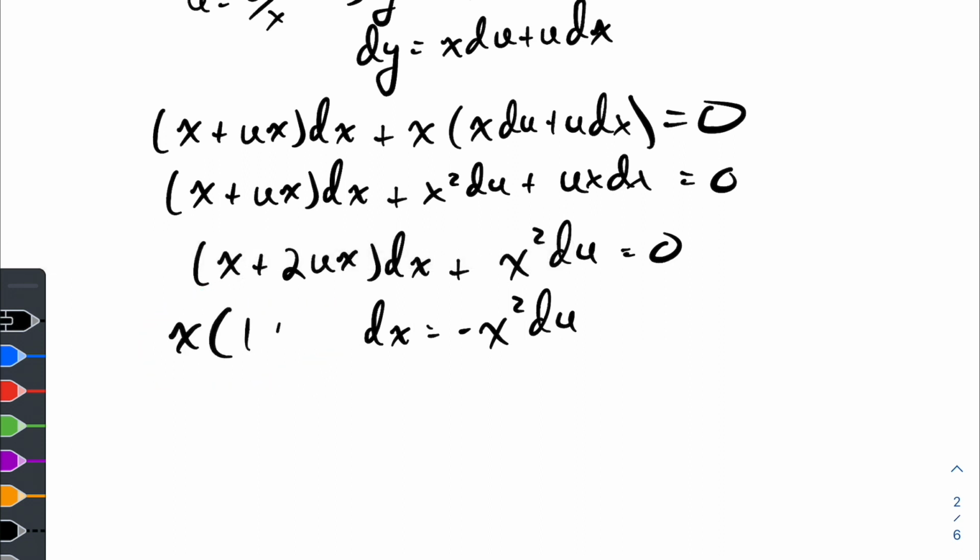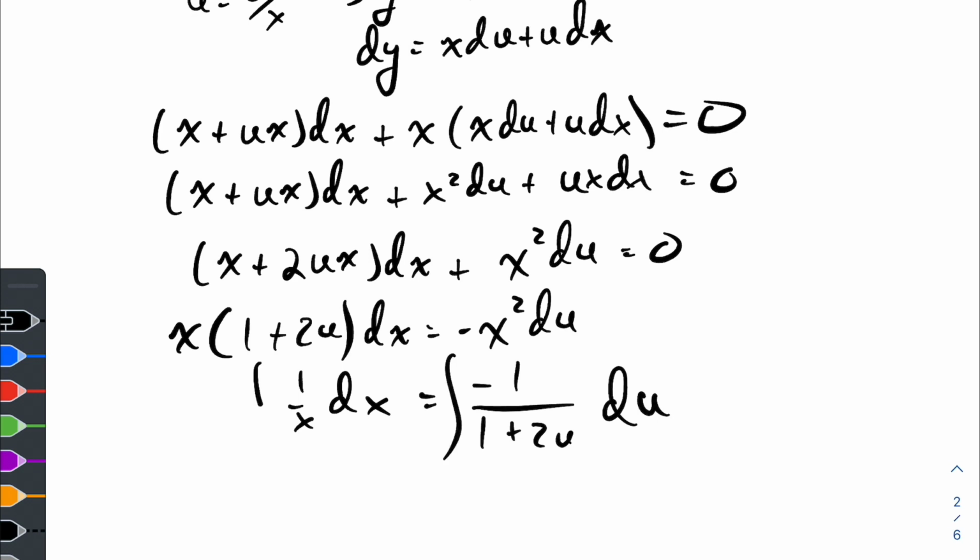I get 1 plus 2u. And now I can just separate my x's and u's. So I'll divide this x squared over, and I'll divide the 1 plus 2u over. So dividing x squared, x over x squared is just 1 over x. And on the right, I'll keep that negative there, negative 1 over 1 plus 2u du.